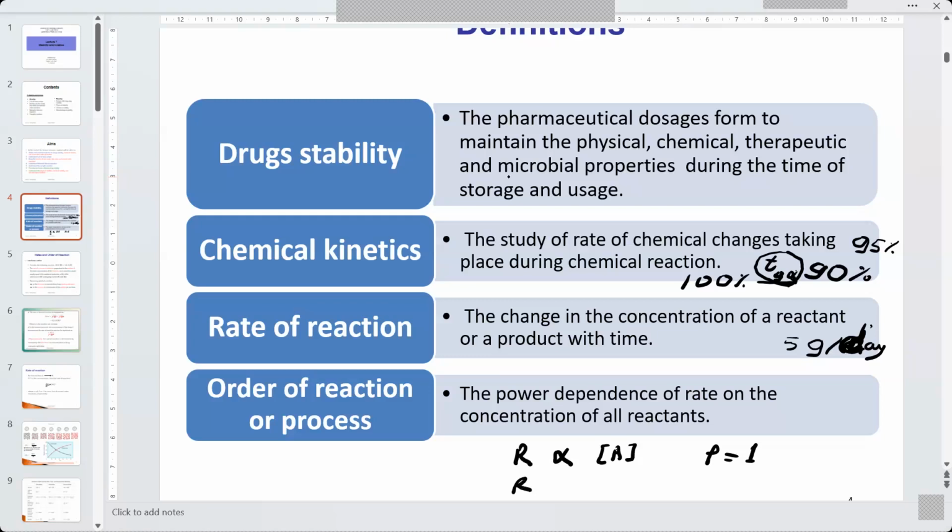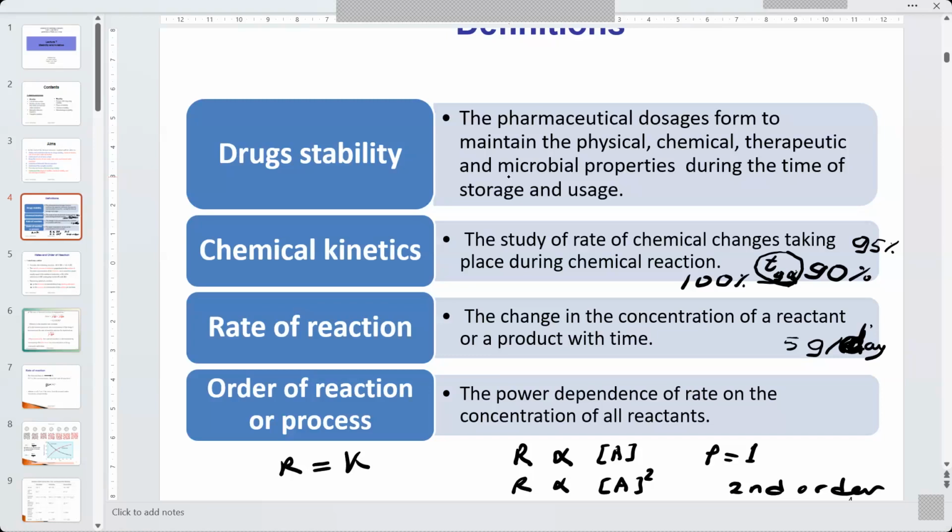If the reaction rate is proportional to the square of the concentration, then it is second order reaction. If the rate of reaction is constant, equal to a constant, then there is no concentration here, right?